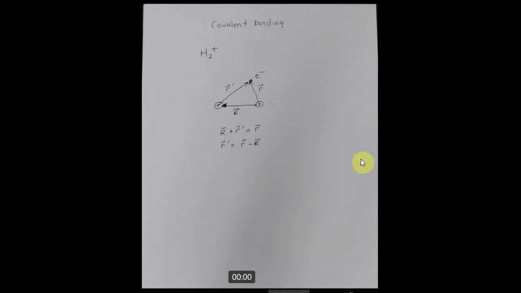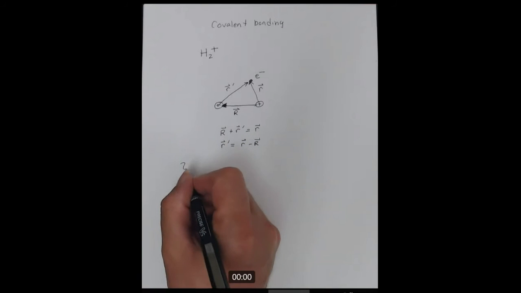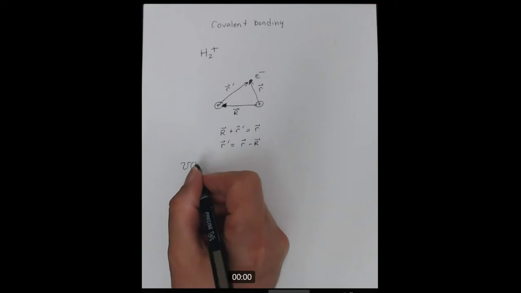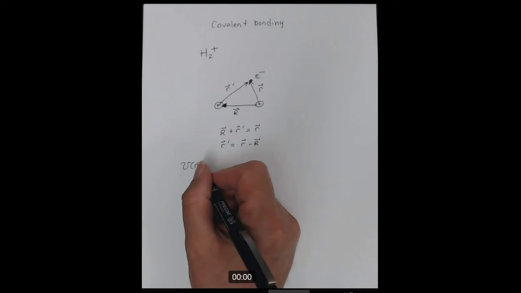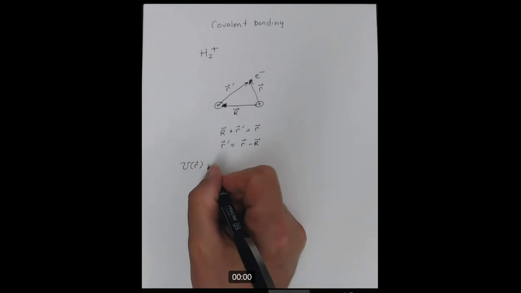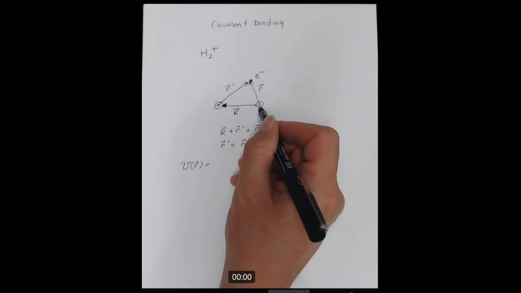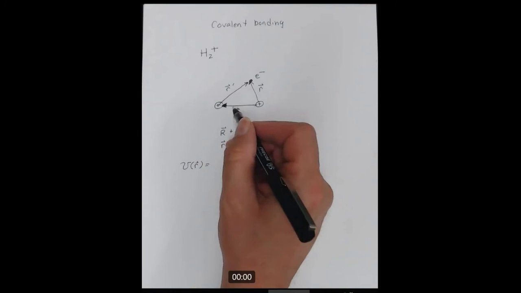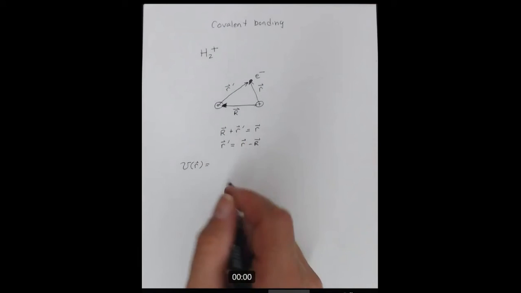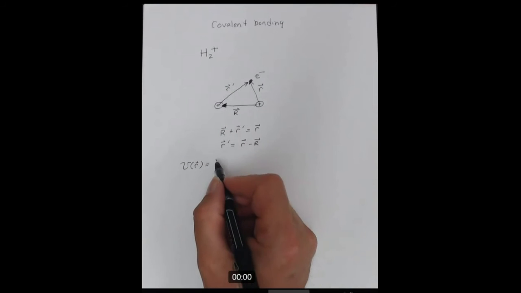Now, what are we interested in? One of the things we're interested in is the energy. So let's write the potential energy down, and I'm going to write it as a function of little r. Now let's assume big R, the displacement vector between the two protons, is some constant right now.